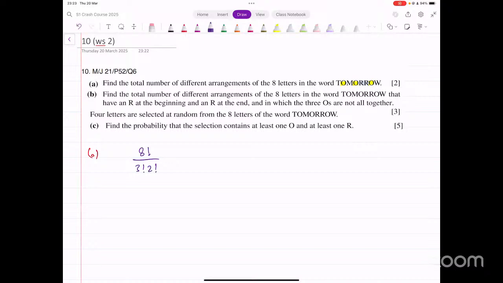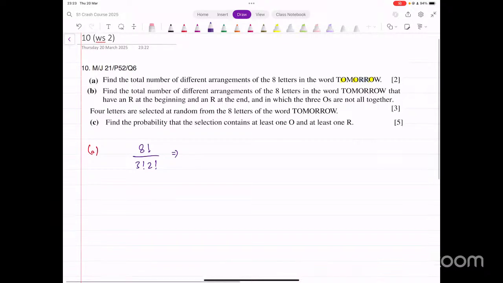What's the result that we get from this? First part, 3360. Okay, so that's what we get in the first part. Okay, so that was fairly straightforward.